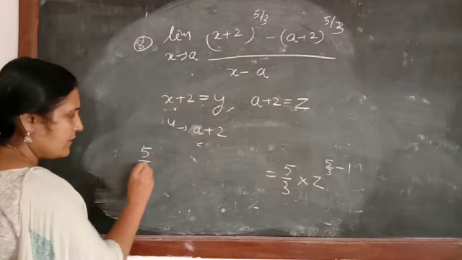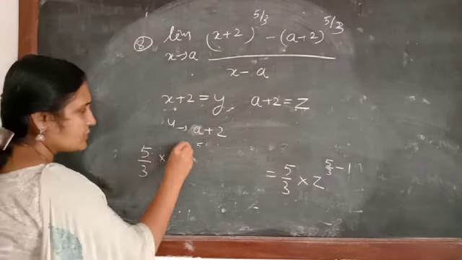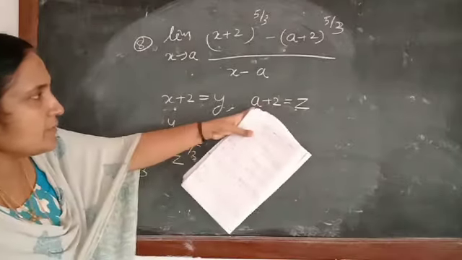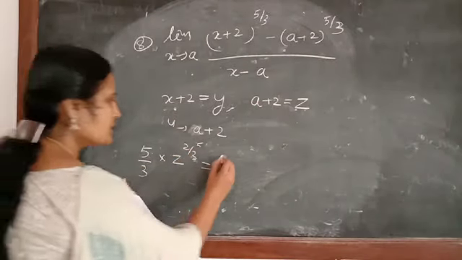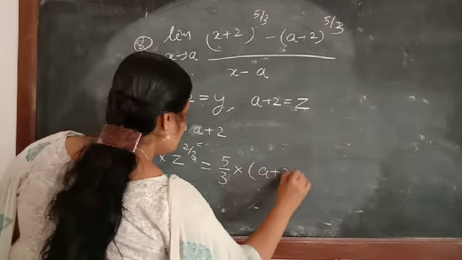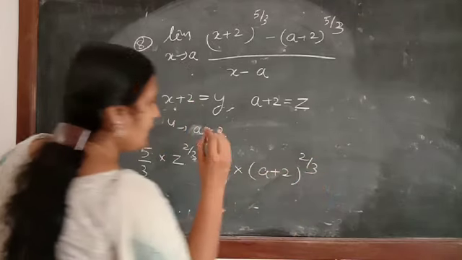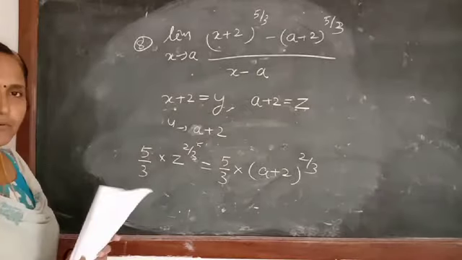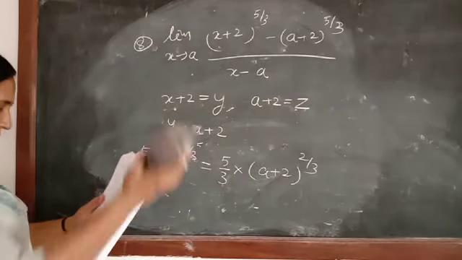So just write down there 5 by 3 into z raised to 2 by 3. Now in place of z what we will do? We will substitute the value. Z is equal to a plus 2. So just substitute here. 5 by 3 into a plus 2 raised to 2 by 3. This much only you have to do. Okay. Now next question.